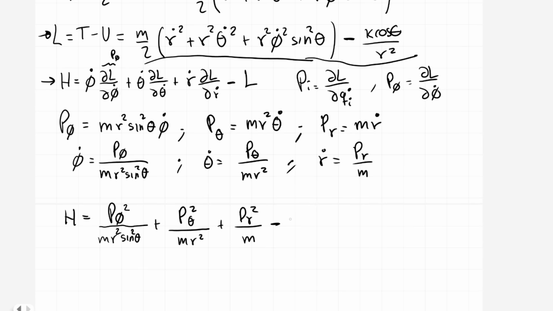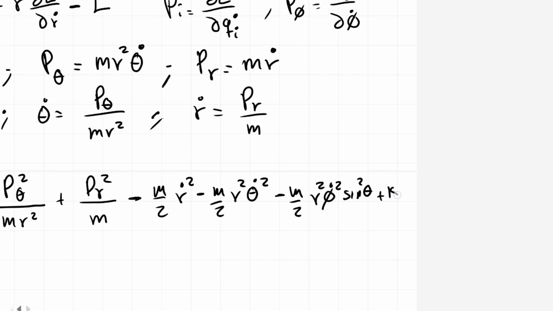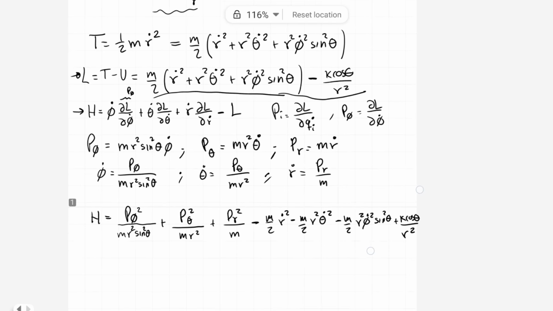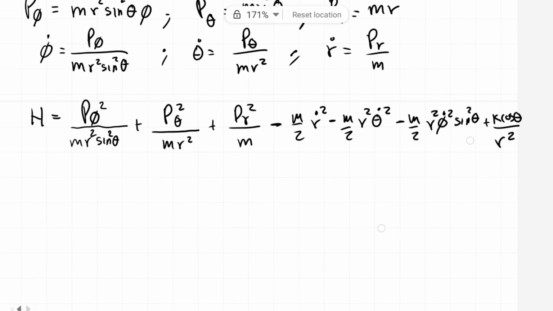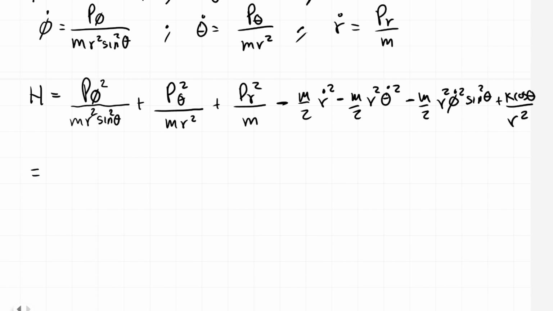so that will be m divided by 2 r dot squared minus m divided by 2 r squared theta dot squared minus m divided by 2 r squared phi dot squared sine squared theta, and then plus k cosine theta divided by r squared, of course. Perfect. So what is this going to be?